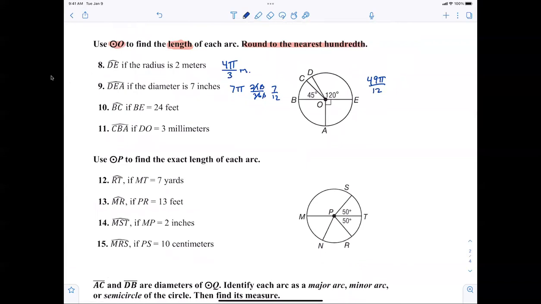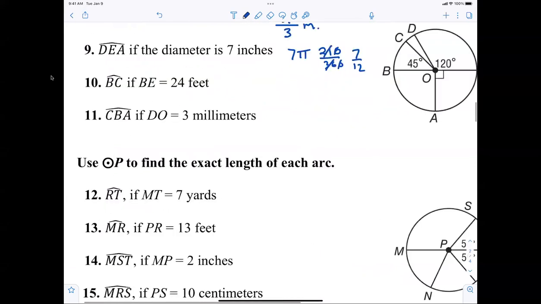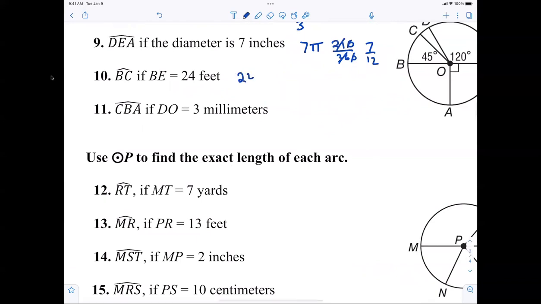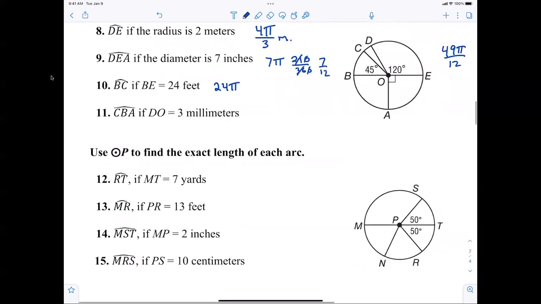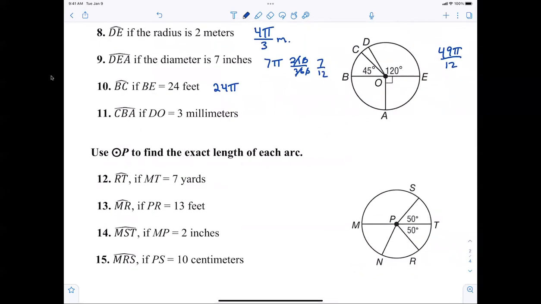So if BE is 24, BE is the diameter. So we just say that the circumference would be 24 pi, and then I'm measuring BC. And BC is 45, which is, we all know, 1/8 of a circle, correct?